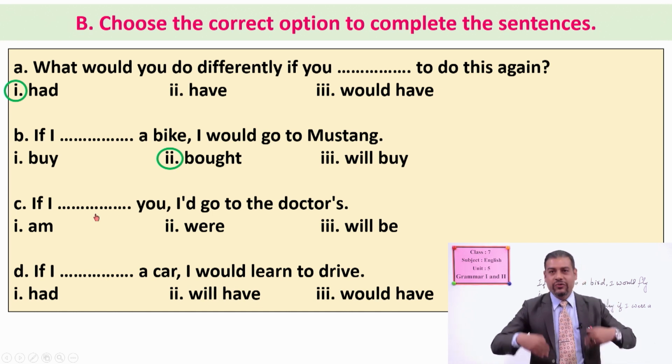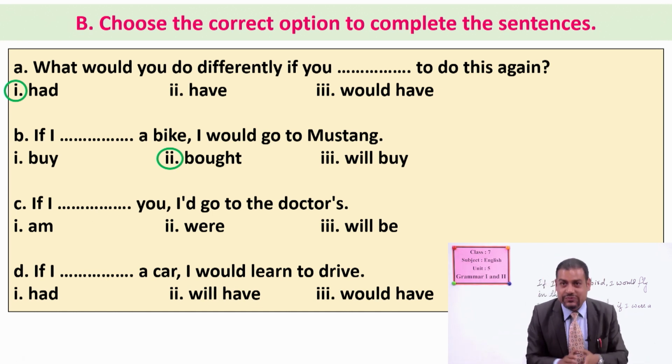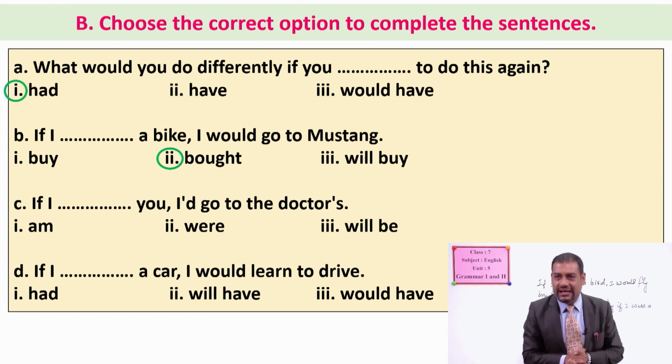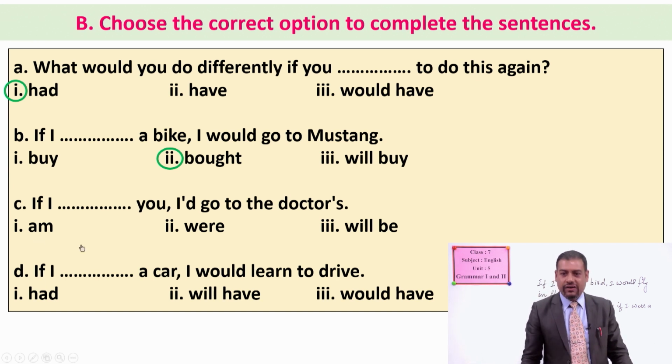And here again you have to supply which form of the verb? Yes, that is simple past form of the verb. So what is the correct option here? Am or were or will be. Which one? Yes, your answer should be, if I were you, I would go to the doctors. Okay, if I were you, I would go to the doctors.